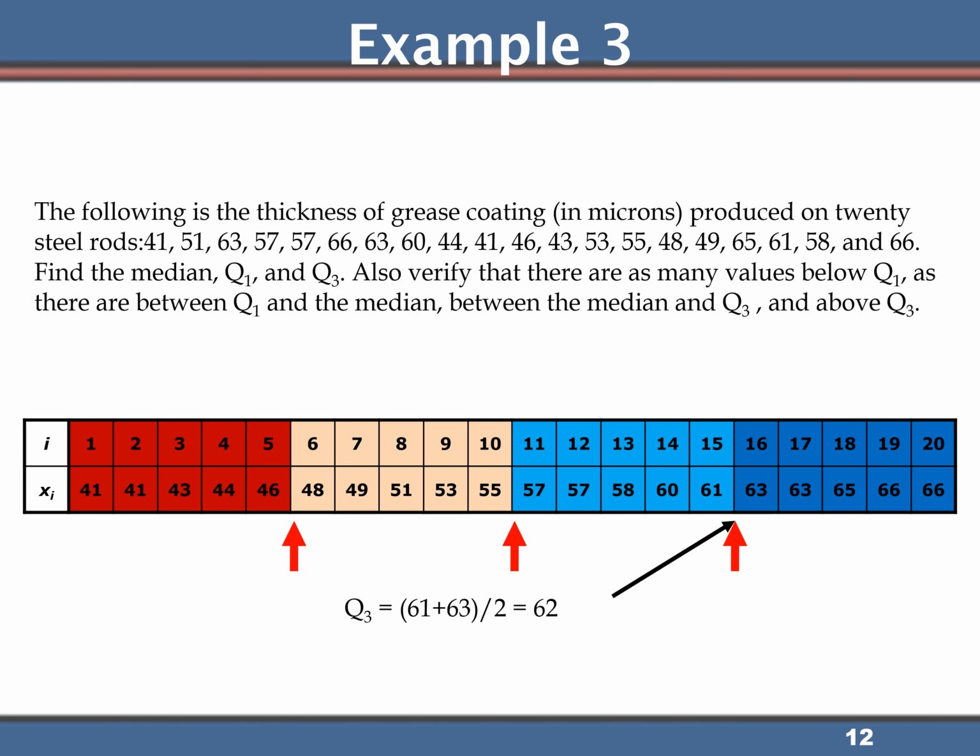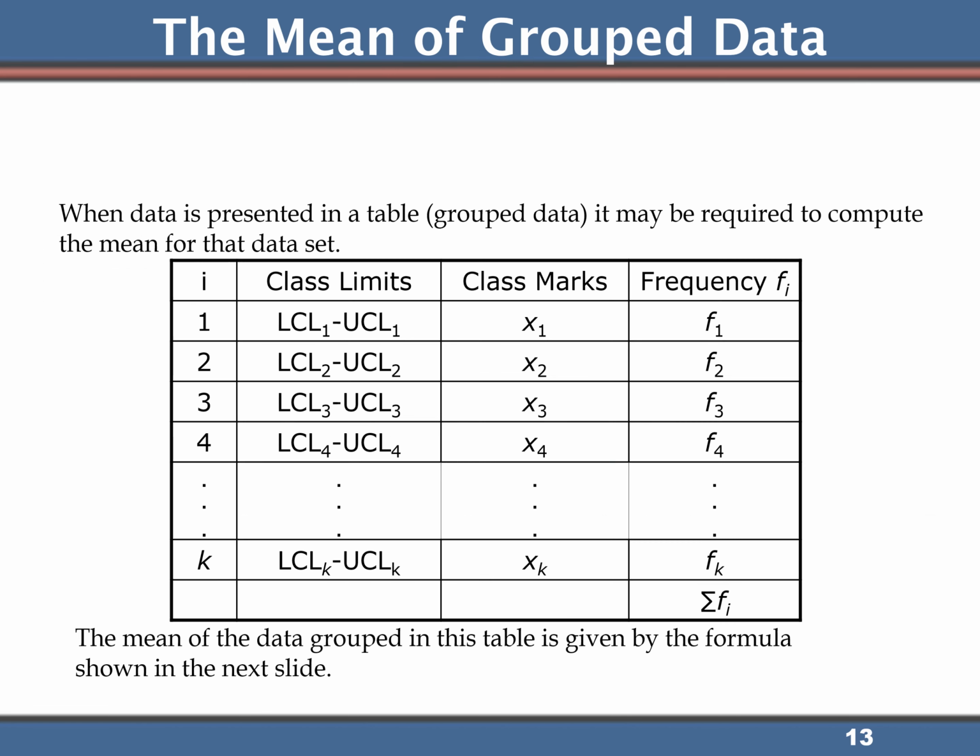The value of the third quartile, q sub 3, is 61 plus 63 divided by 2, which is equal to 62 microns. Now we can observe that there are 5 values less than q1, 5 values between q sub 1 and the median, 5 values between the median and q sub 3, and 5 values greater than q sub 3.